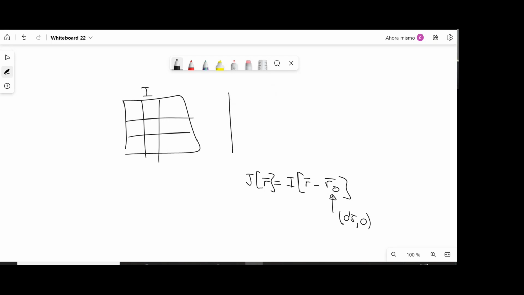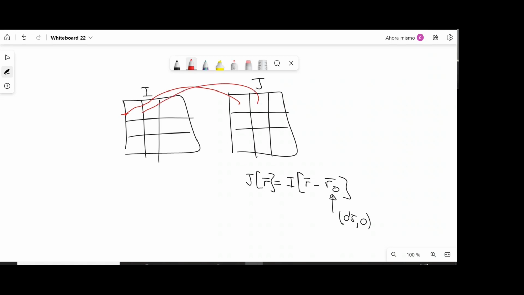So this is J, and this pixel here does not come from this location, but from this one. And this one comes from this one.